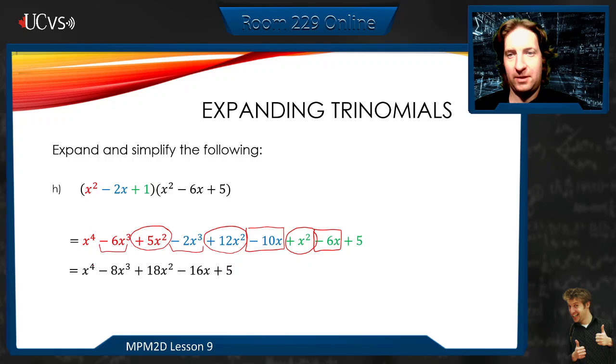I'm going to get x to the power of 4. This is only 1. Then negative 6, subtract 2, is negative 8x cubed, and then 5 plus 12 plus 1, remember there's a hidden 1 there, is 18x squared, and negative 10, take away 6 is negative 16x, and then just the 5 by itself.